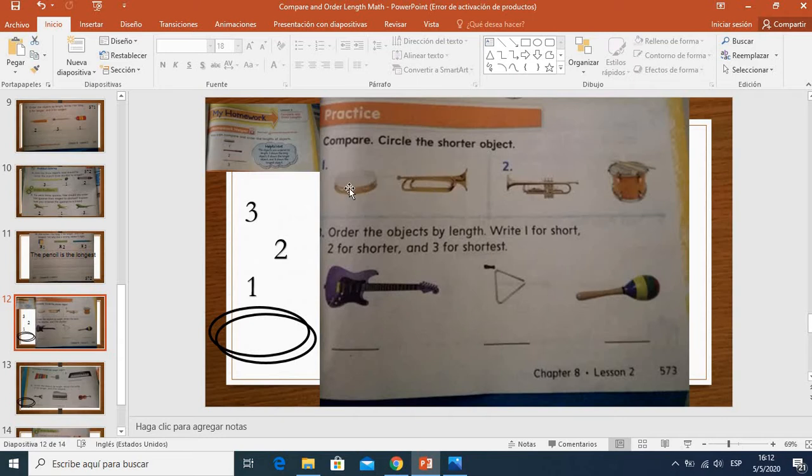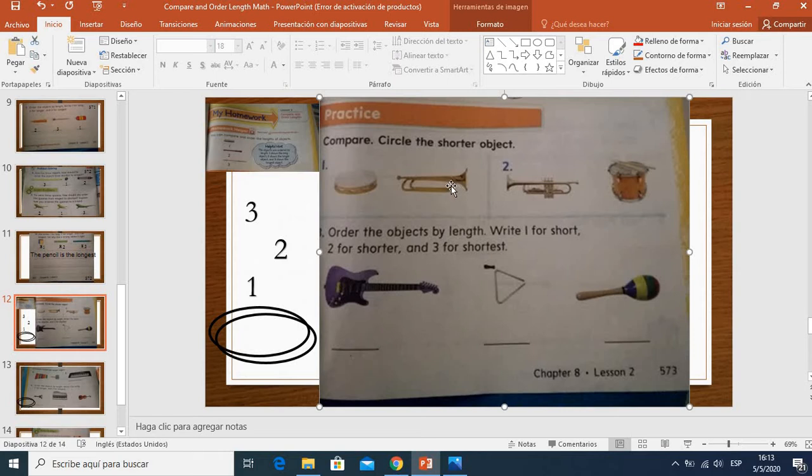So, we have two objects here. We have a tambourine. This is a musical instrument. It's called tambourine. Listen, tambourine. And this one is, I don't remember, it's a horn. Yes, it's a horn.